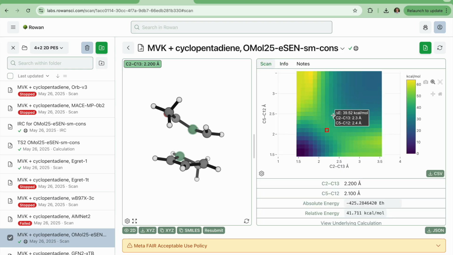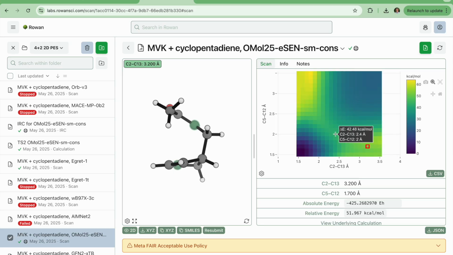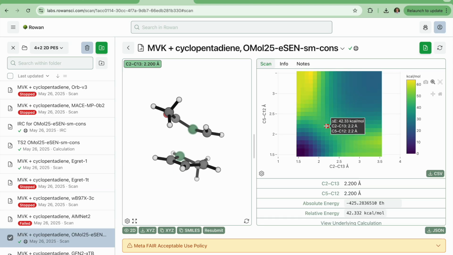Now, that might seem like a long time, but if we look, there's actually a ton of points here. Every single place on this represents an individual optimization. And not only do we have to run an optimization for every single point, we actually run a minimum of 4 optimizations per point, because Rowan uses the wavefront propagation algorithm to generate extra smooth scan surfaces.